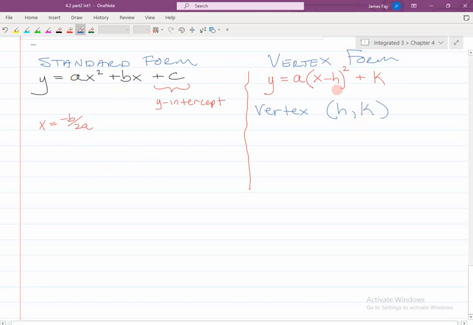So let's give you an example here. If I go y equals, I'm just going to let a be 1. So you can write it there or you don't need to write it. And then say x minus 3 squared plus 4.